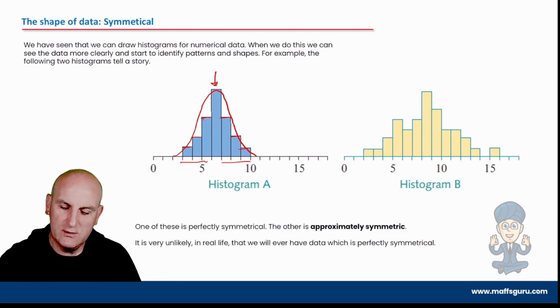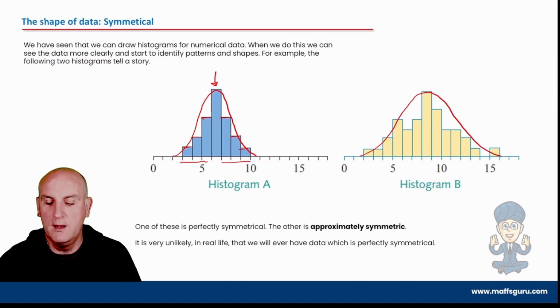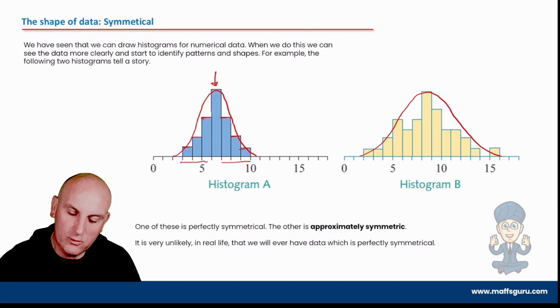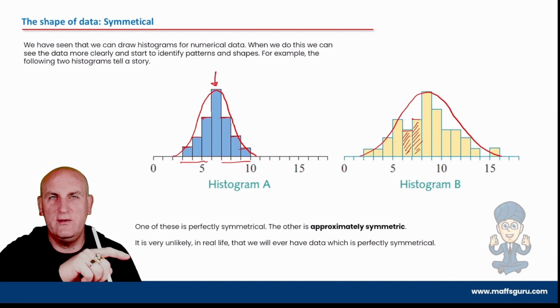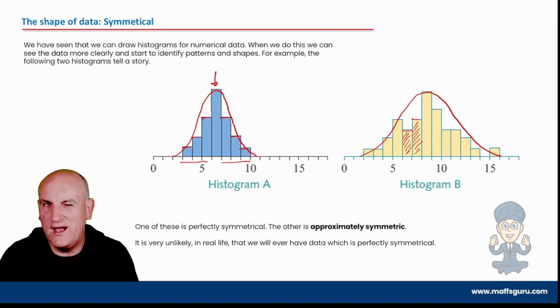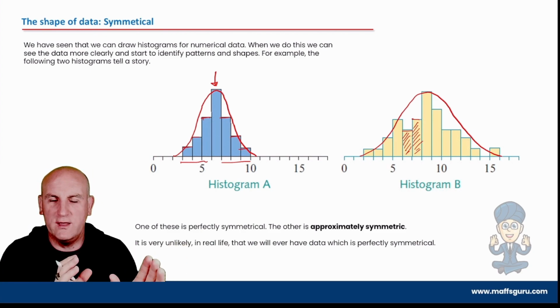Now, obviously, when I look at histogram B, you're going to say, well, that's not symmetrical. Well, it's not perfectly symmetrical, but ignoring the fact that these 2 bars here are a little bit shorter, the data is centered around that middle bit. It does seem sort of symmetrical. It's not too far one side or the other.